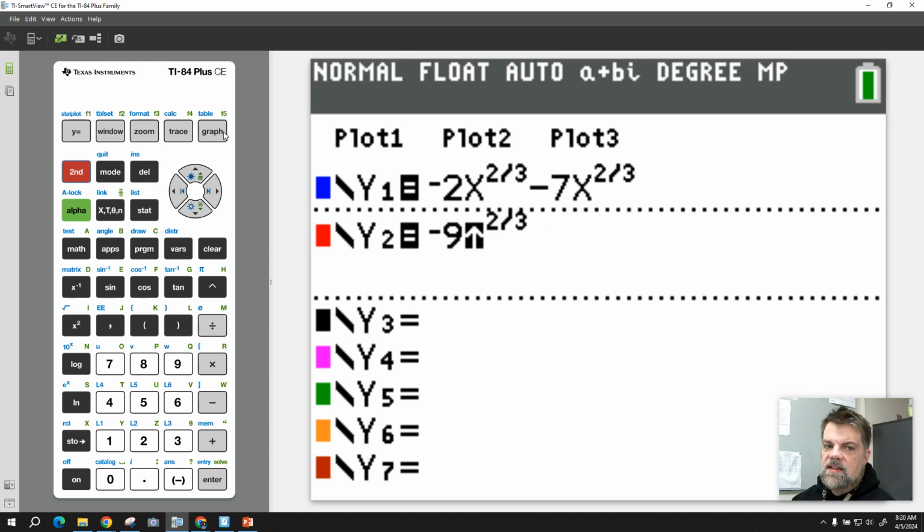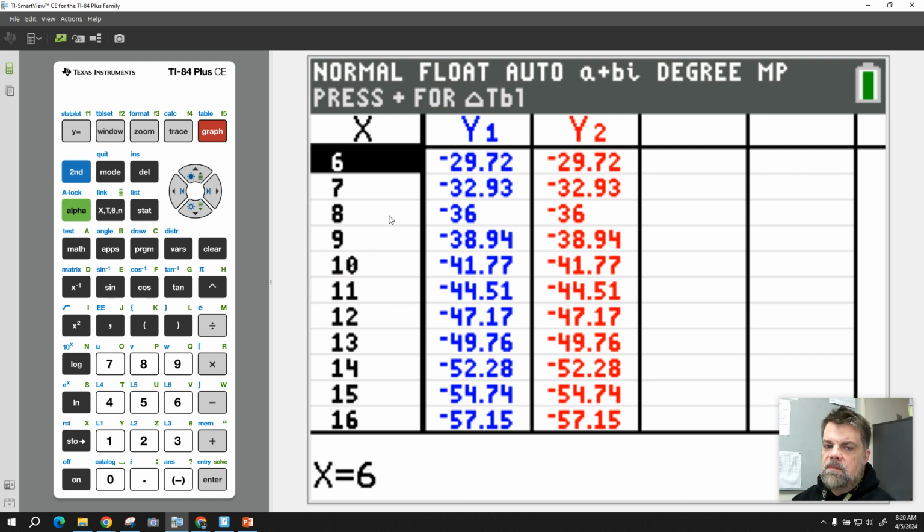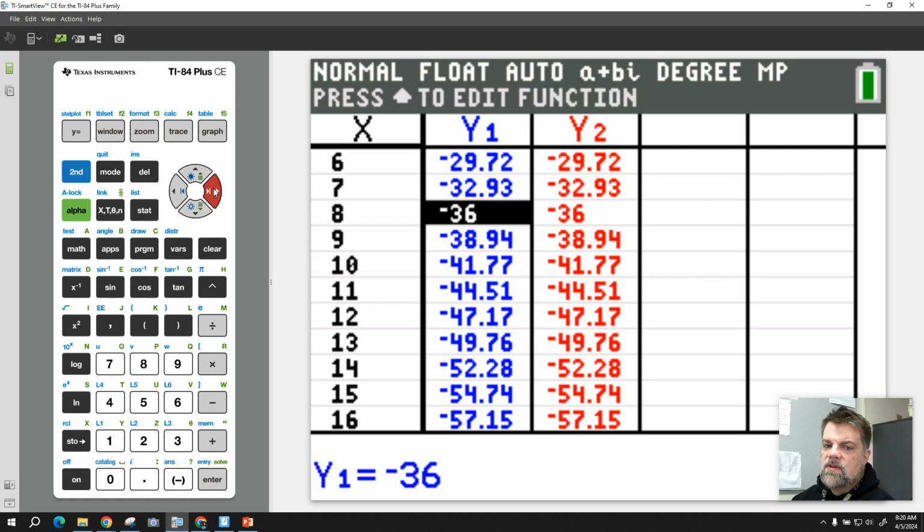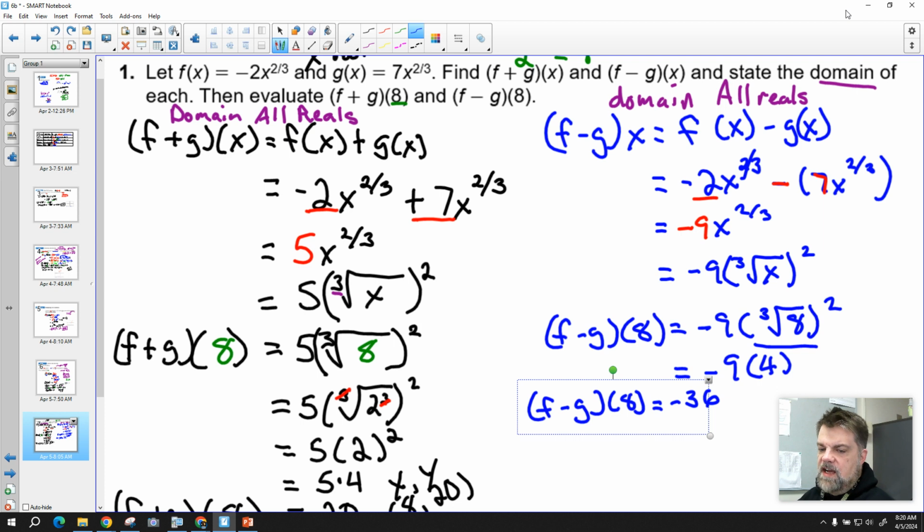Now when I hit second table, yep, when x equals 8, my y value equals negative 36. What does that mean? That means that on the graph somewhere, there'll be a point 8 comma negative 36.